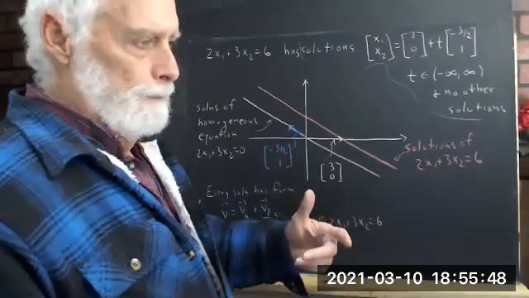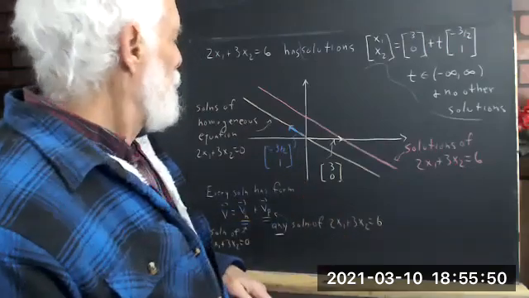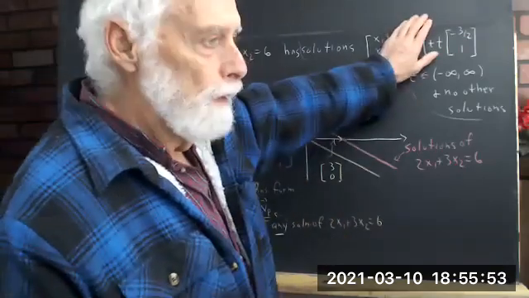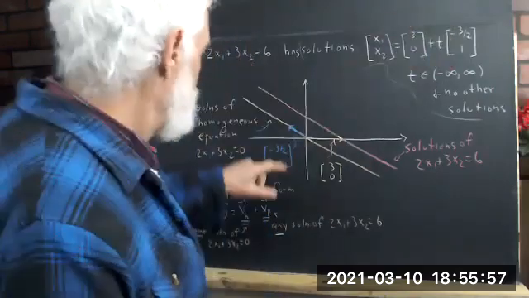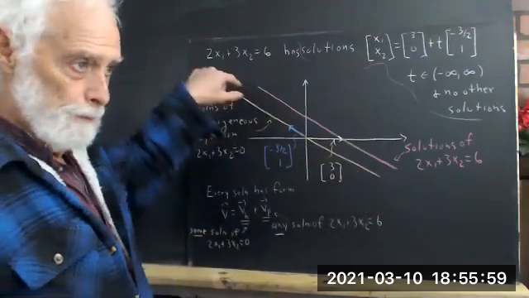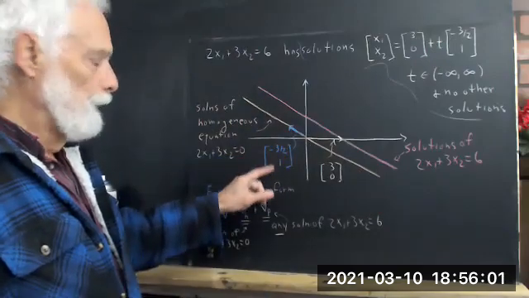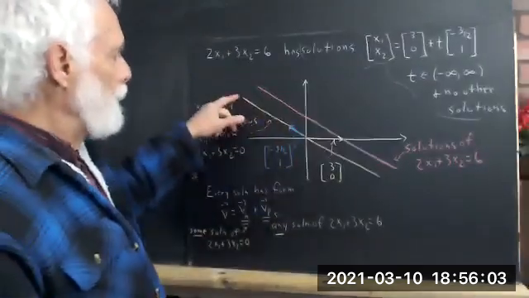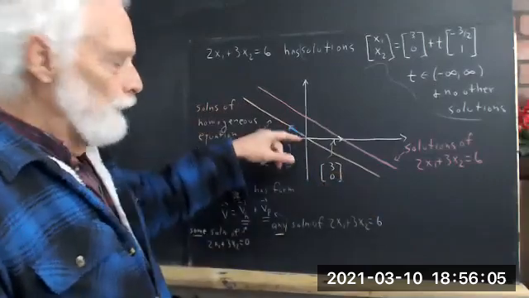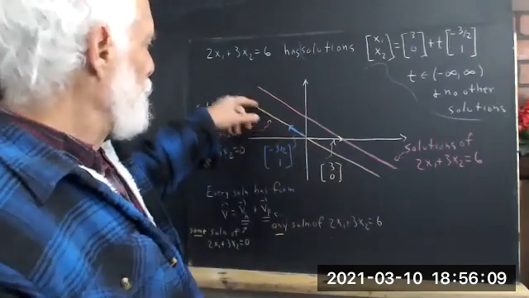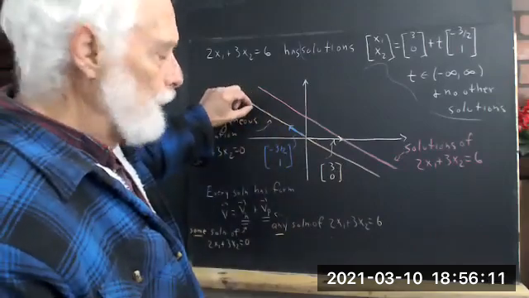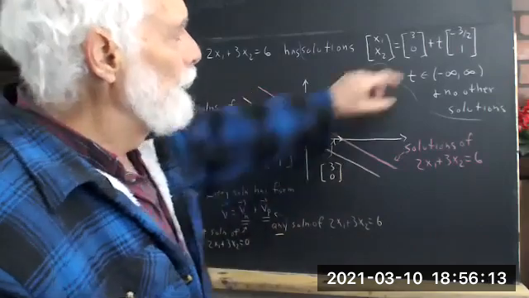Meaning all the solutions lie on a line. It's parallel to the line t times (-3/2, 1). This line here that we've seen. Here's your vector (-3/2, 1). And vectors that are multiples of this vector all lie on this line. And every vector that has a tip that lies on this line is of this form.